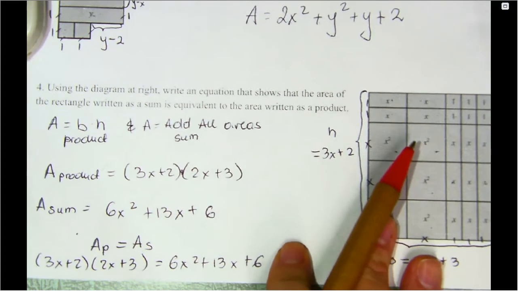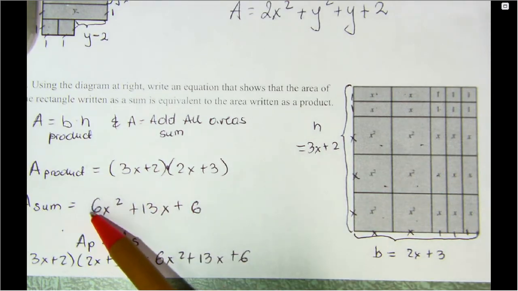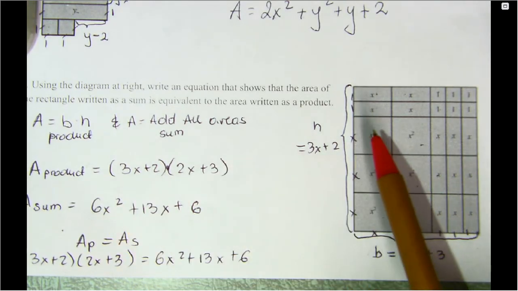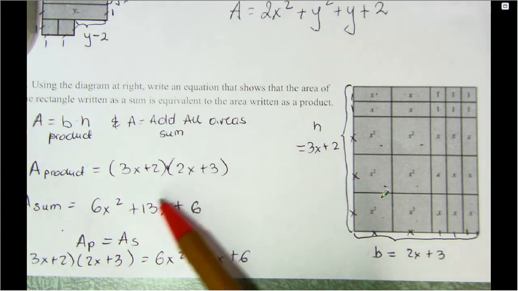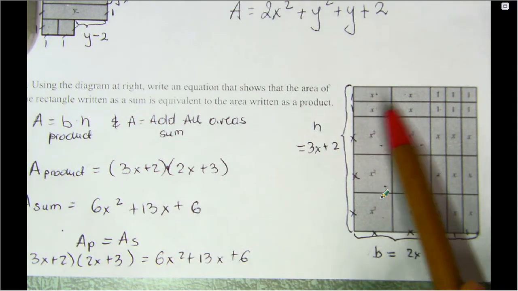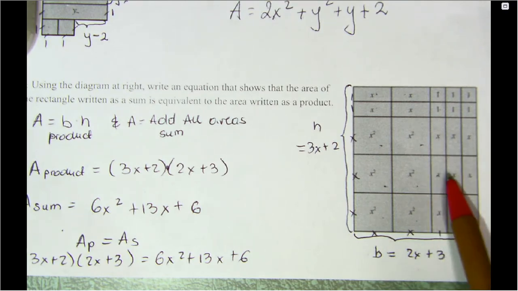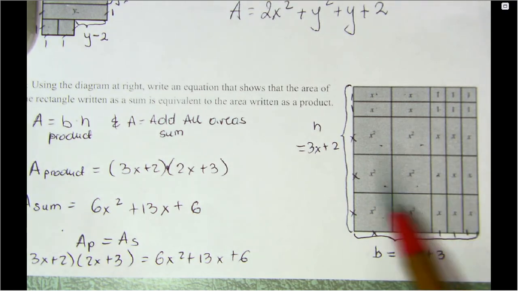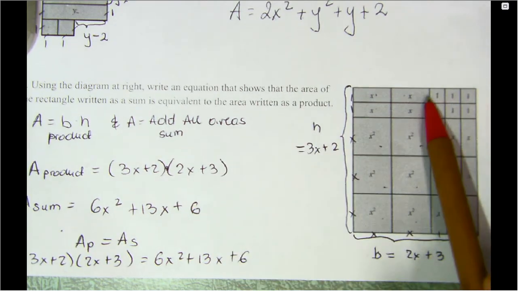Now, how do I do area as a sum? Well, I'm adding all the areas inside. So I had 6x squared. Where did I get it from? 1, 2, 3, 4, 5, 6, right? 13 x's. 1, 2, 3, 4, 5, 6, 7, 8, 9, 10, 11, 12, 13. And then 6. This 6 is coming from those single ones here.